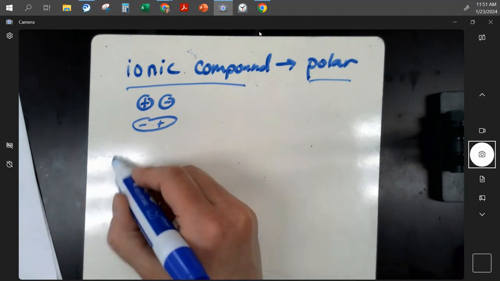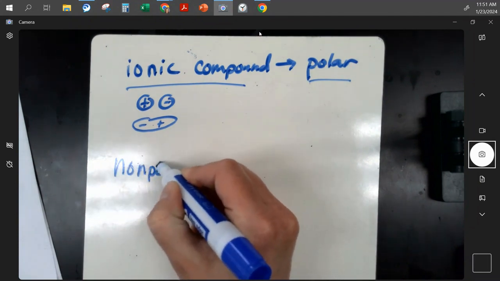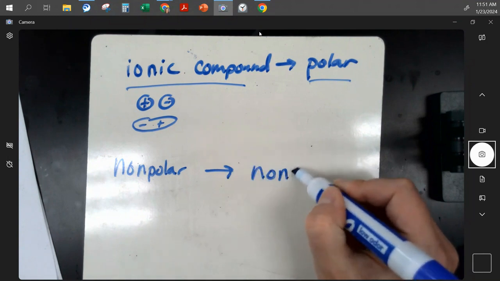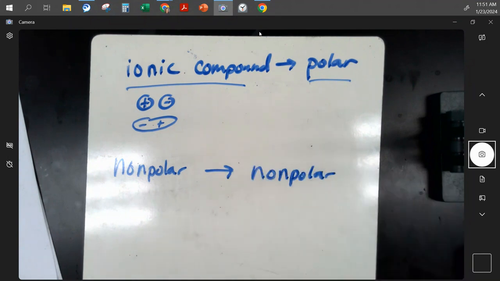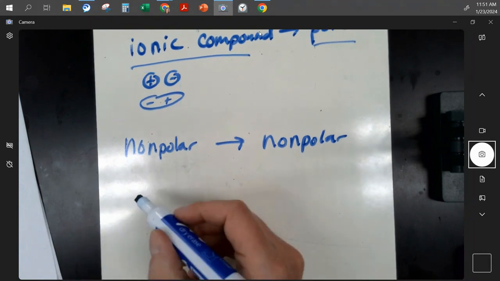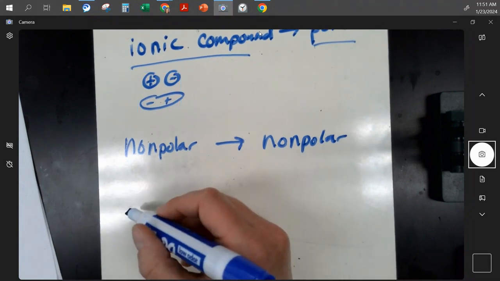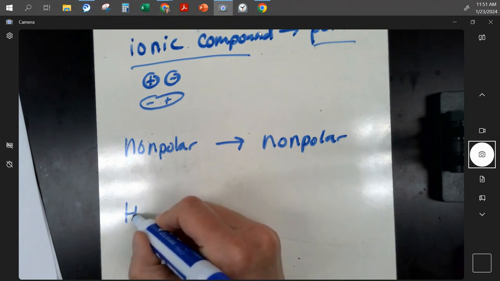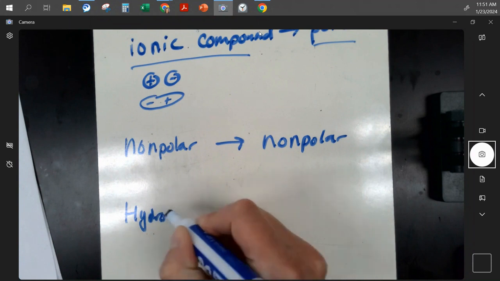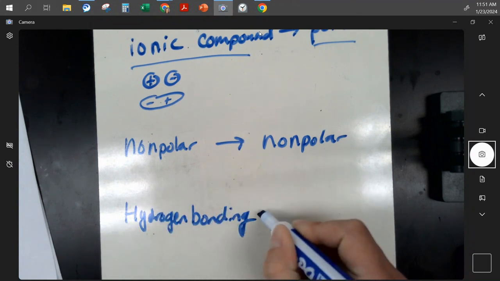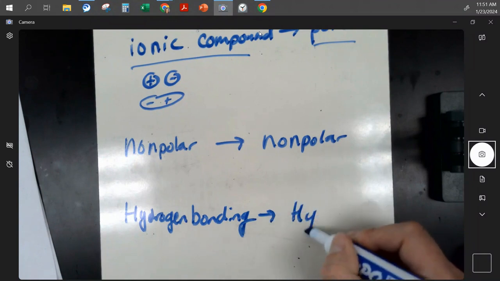If we have something that's nonpolar, that's going to dissolve in something that's nonpolar. So watch out for nonpolar solvents. If we have something that has hydrogen bonding, that's going to dissolve better in something else that has hydrogen bonding.